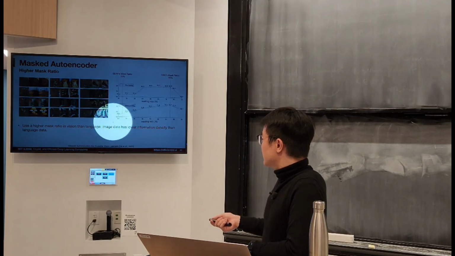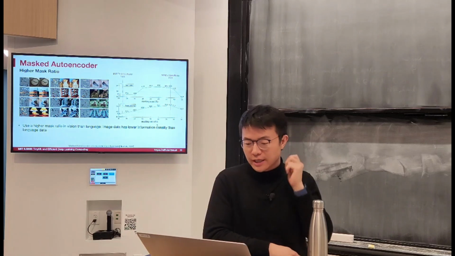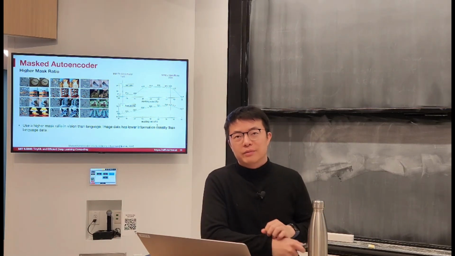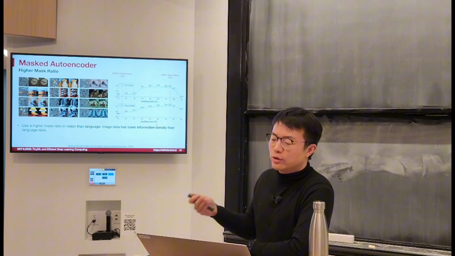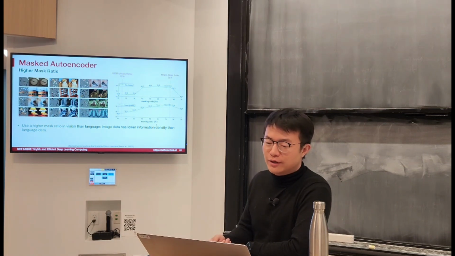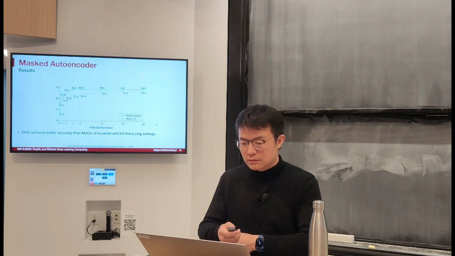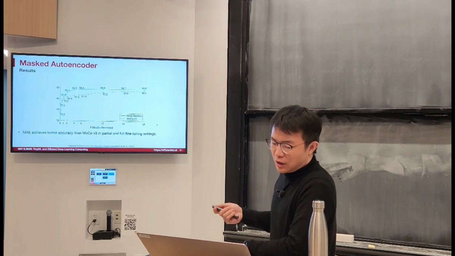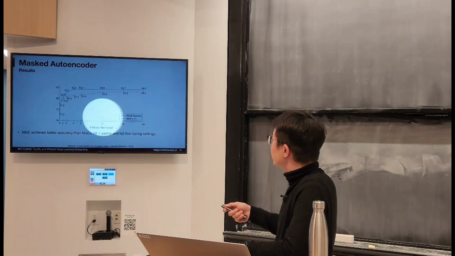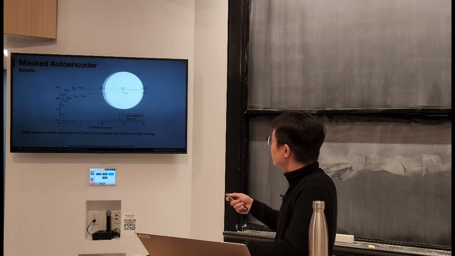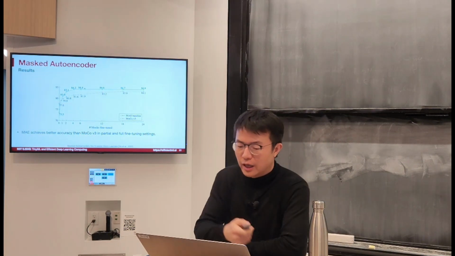That implies that image data has very low information density and more redundancy compared with language data, such that we can mask away more information and still recover the original information. So this is comparing the accuracy. Actually, these masked autoencoders work quite well, with consistently higher accuracy than the baseline.